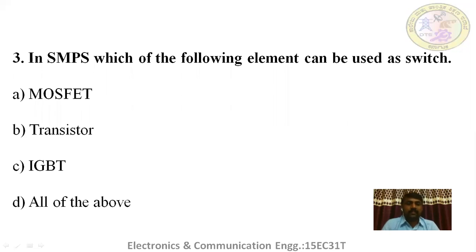Third one: in SMPS, which of the following elements can be used as a switch? MOSFET, that is metal oxide semiconductor field effect transistor, a transistor, IGBT, or all three?